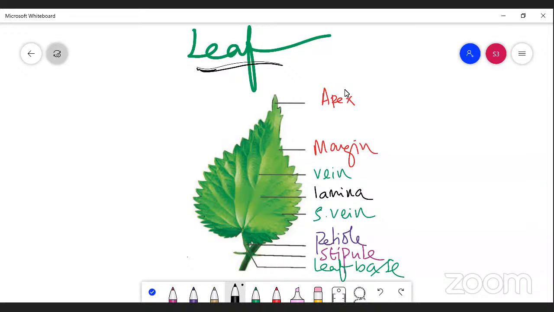Generally, a leaf is divided into mainly three parts. The first one is the lamina. The second one is the petiole. The stalk of the leaf is called the petiole. And the third one is the leaf base.